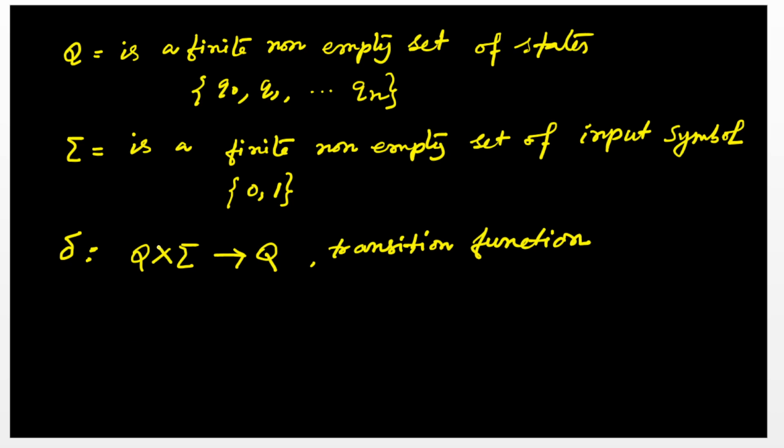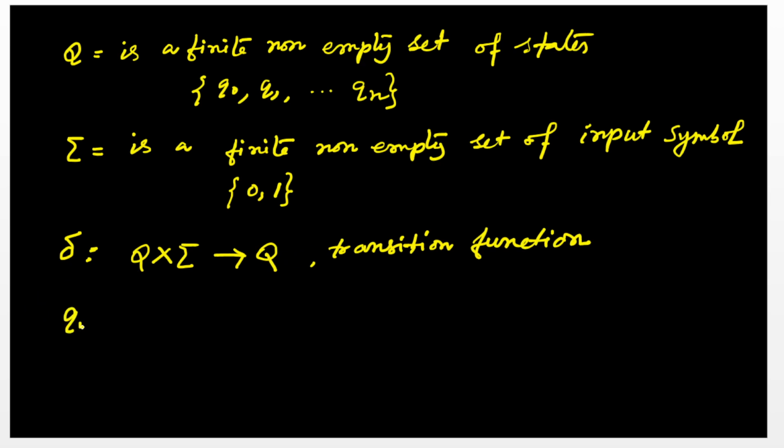Means if you are in any of the states as mentioned here, Q0, Q1 to Qn, and your input symbol, either it may be 0 or 1, and you transition to another state, that is a Q. So it is a transition function.